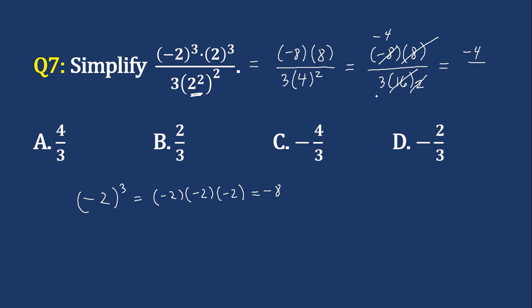And at the bottom, we are left with 3. So the answer is negative 4 over 3. So that is letter C. You can easily verify that using your calculator. But it's always good to apply our skills in simplifying this type of expression.